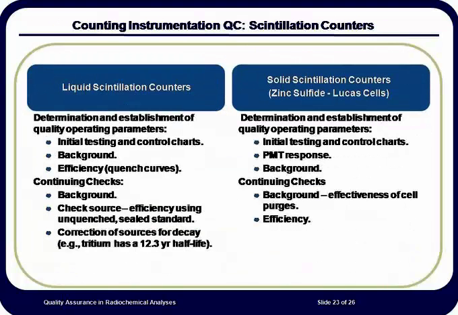Two types of scintillation counters are routinely used in the radiochemistry laboratory. The liquid scintillation counter will require the establishment of background, laboratory control sample, and efficiency checks prior to it being used to generate analytical data. This detector also uses a manufactured sealed, unquenched check source provided by the instrument manufacturer.